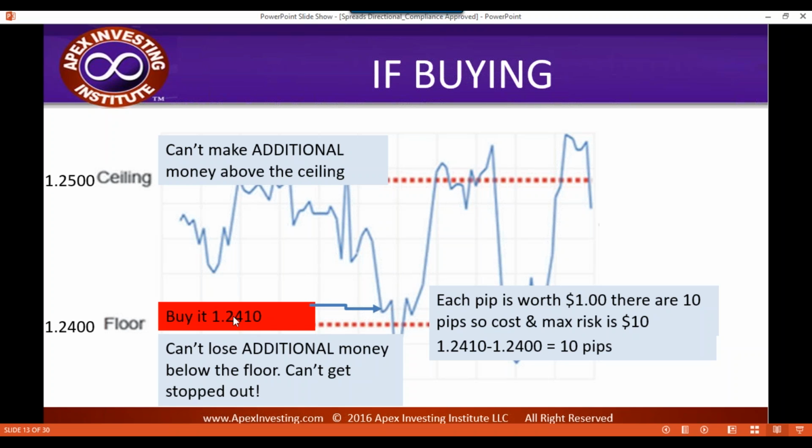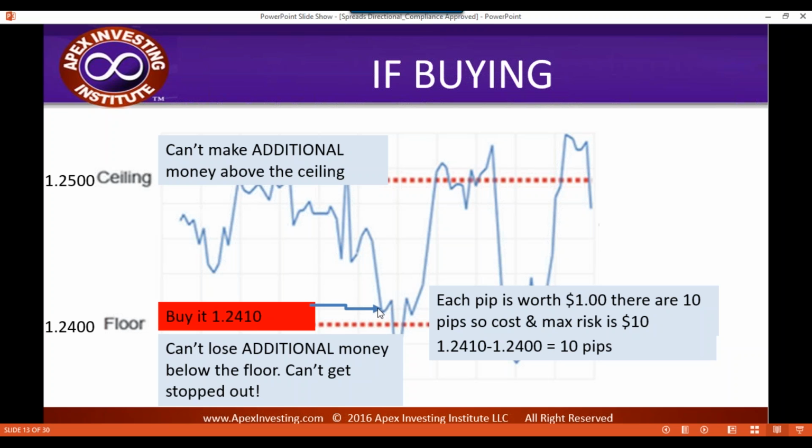Actually, no, Eric. If we're buying right here at 24.10, from where we buy down to the floor of 2,400 is only 10 pips, and each pip is worth $1, so that's 10 pips of risk. So the max risk is $10. $10 is the most that we can lose on this trade. So therefore, $10 is all we have to put up to get in this trade.